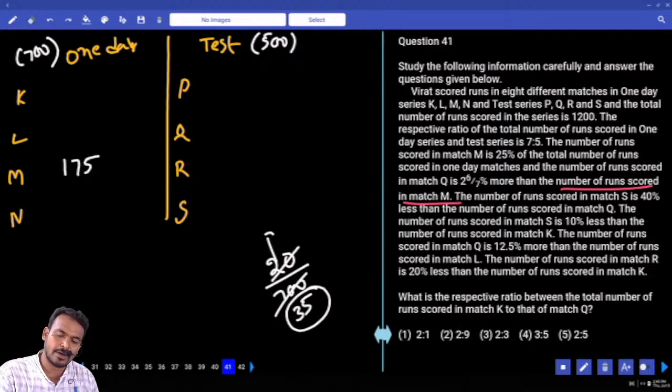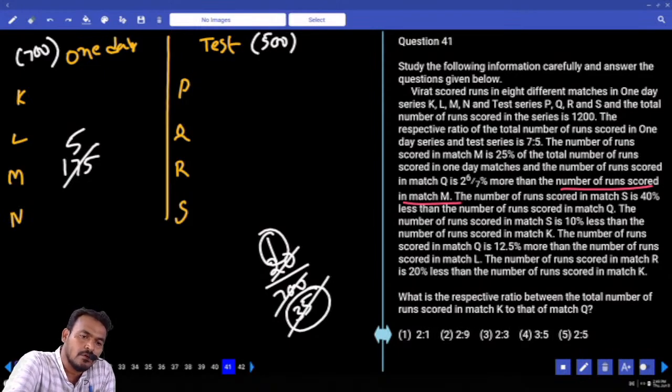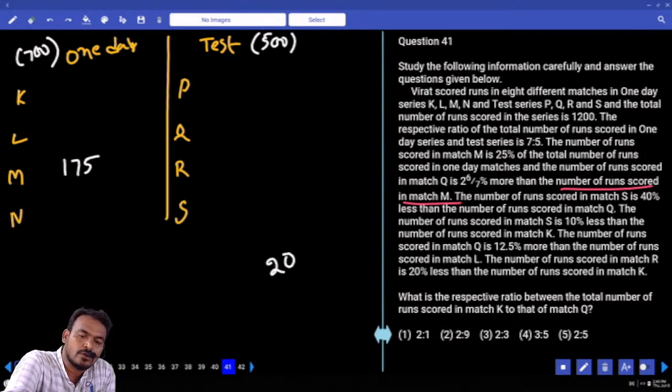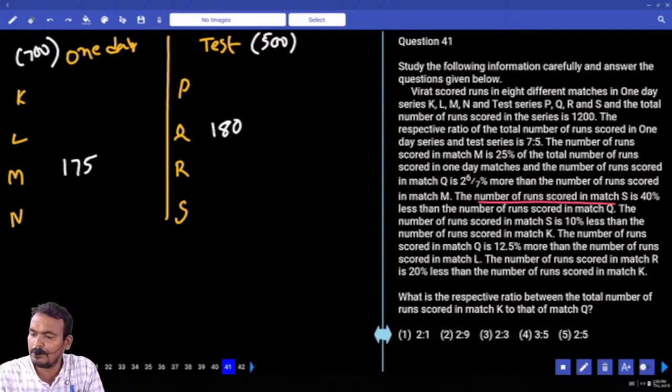Out of 35 parts, how many parts are more? 1 part more, so the total is 36 parts. 175 is 35 times 5, so 175 plus 5 is total 180. That 180 is which value? Q. Q is 180.